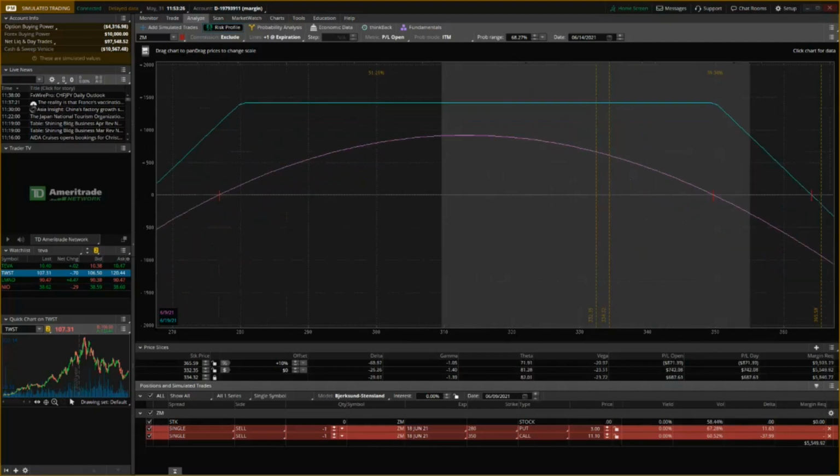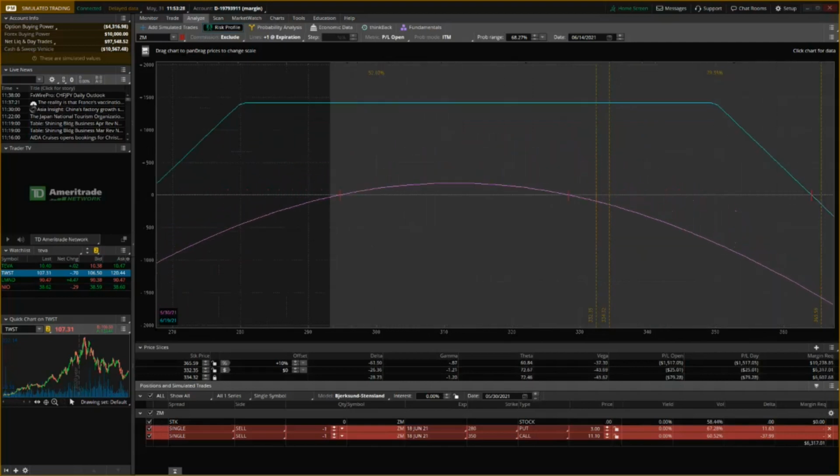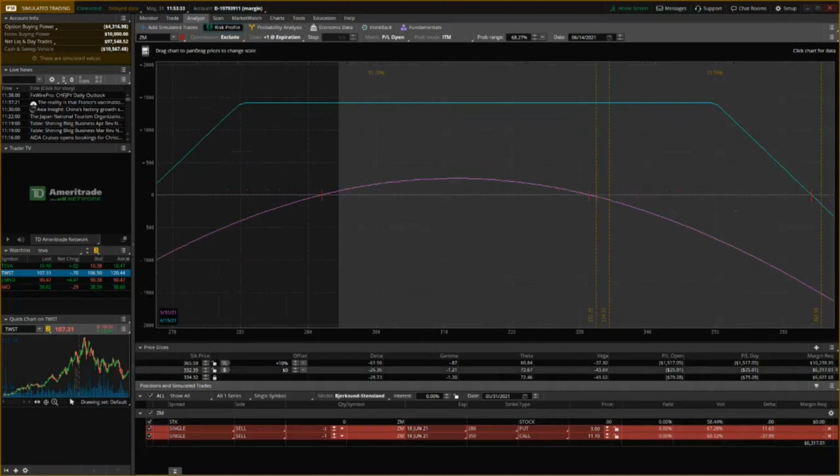You can say that you don't believe that the stock market is going to stay here for long, and let's see how the theta effect is going to affect us. That means that as long as the Zoom stock will remain between those two points, 350 and 280, every day that passes by, theoretically, we're going to make $72.